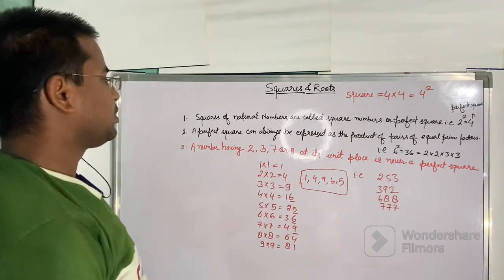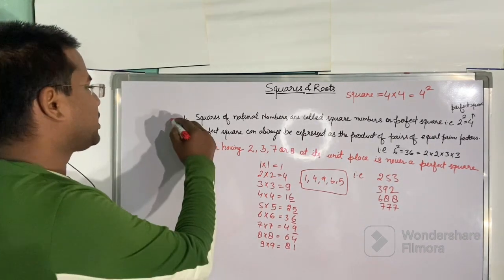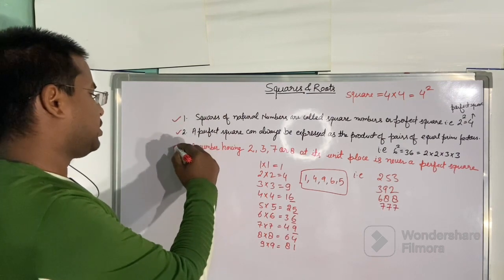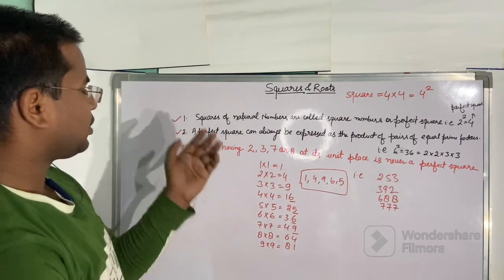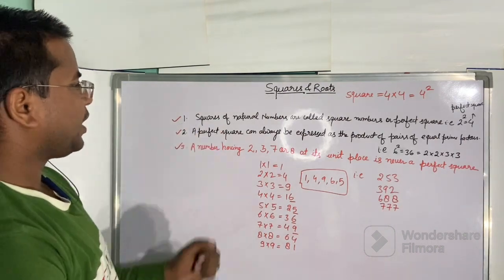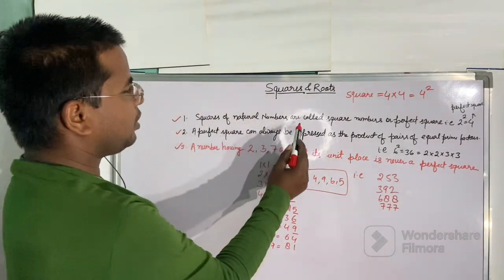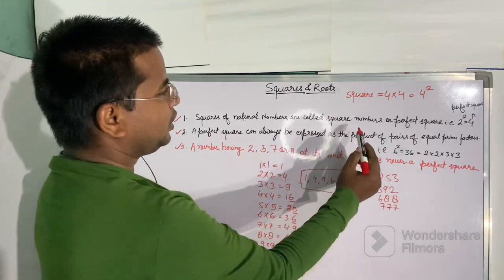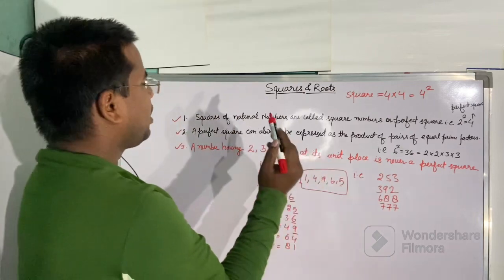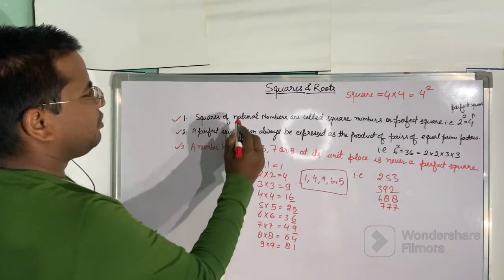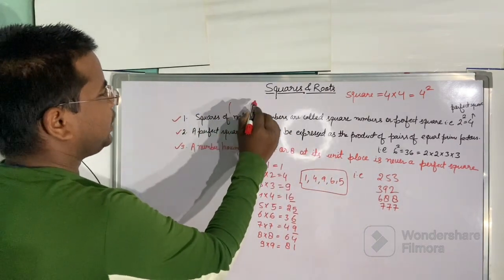Now we learn some concepts of a square. The first concept is that the square of a natural number is called a square number or a perfect square. What are natural numbers?